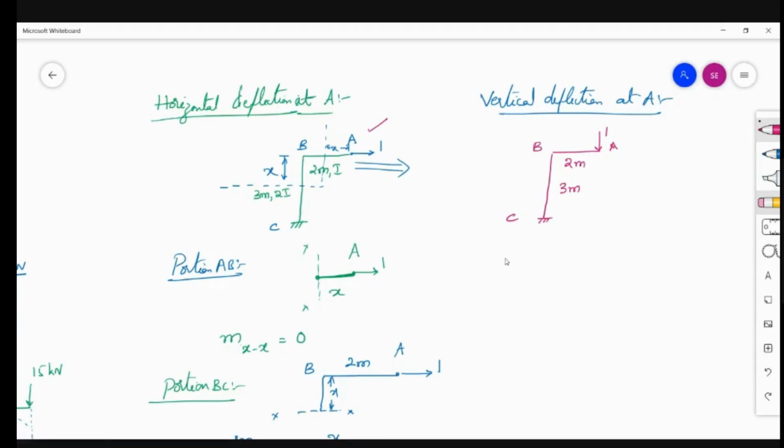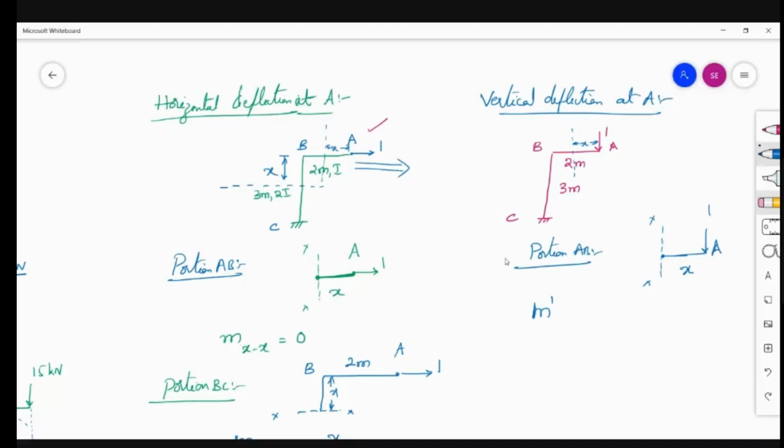Now, consider it the same as the previous one. Consider the section XX for portion AB, with X measured from A. What is M dash? Why am I not using M or the same letter?